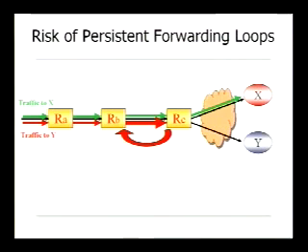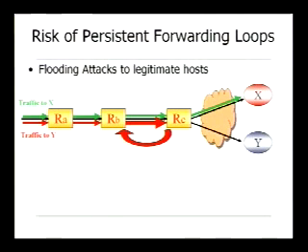In this case, if the link BC is overloaded by the traffic to host Y, then the online bank service will be impacted. So in this case, it is also a denial of service. Persistent loops can lead to a flooding attack to a legitimate host.